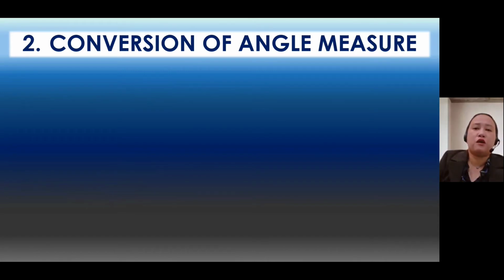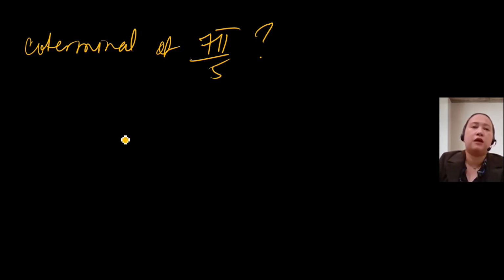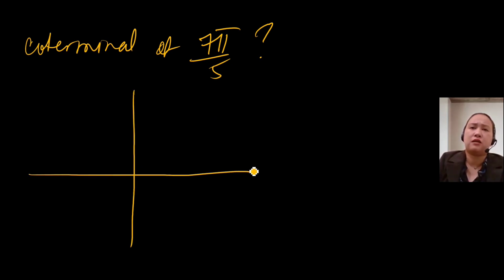Before we go to conversion, let me give another example for the coterminal. What if the given is 7 pi over 5? Graphically, we can again determine it.